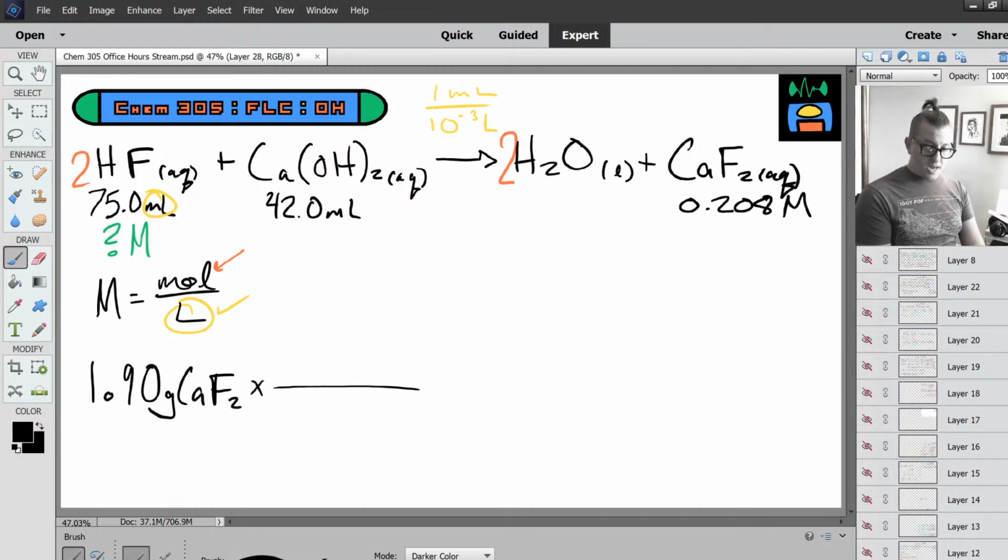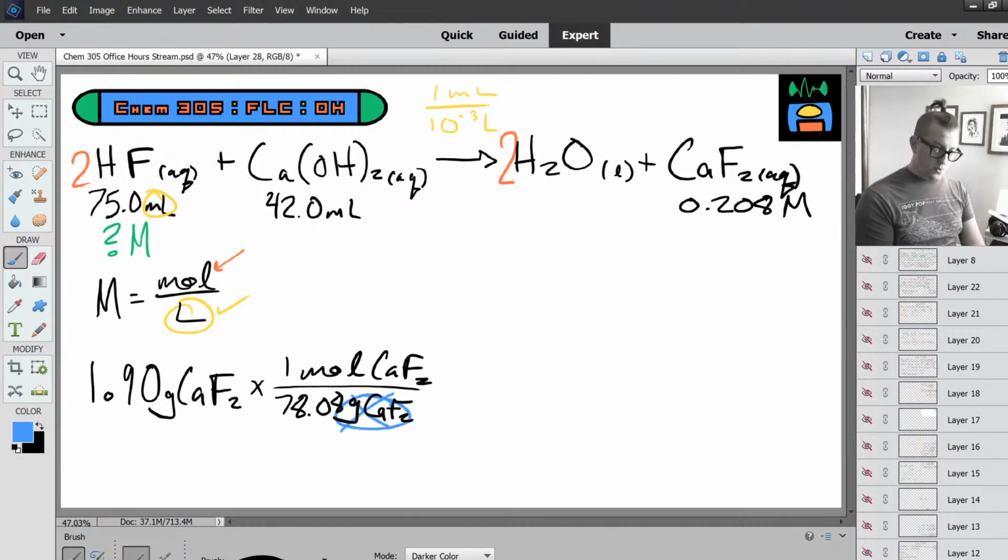So we can do stoichiometry to take grams of calcium fluoride to moles of HF. First step, we want to cancel grams of calcium fluoride, and we calculated this molecular weight just a second ago on the previous slide. So grams of calcium fluoride cancel grams of calcium fluoride.